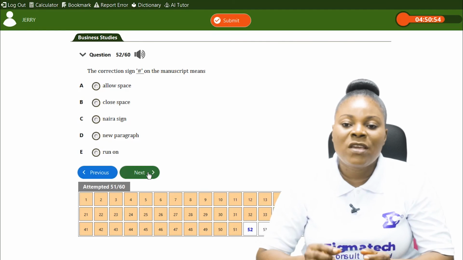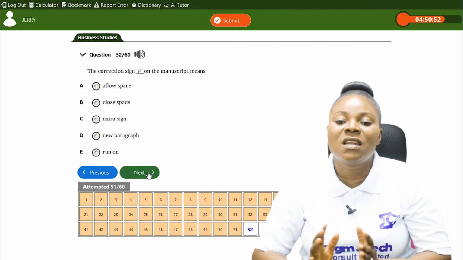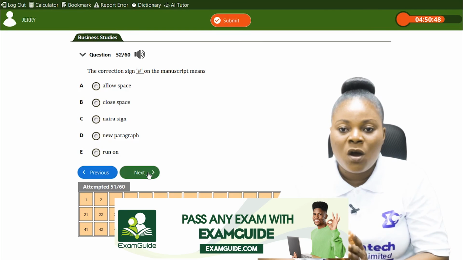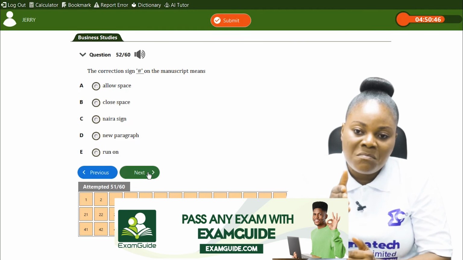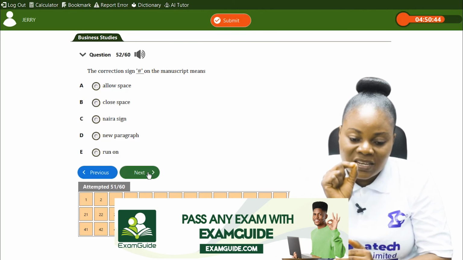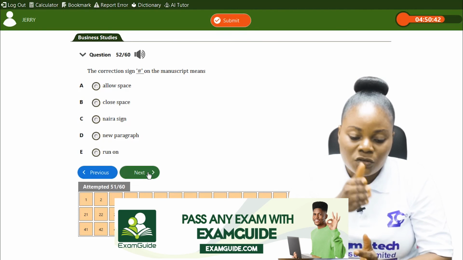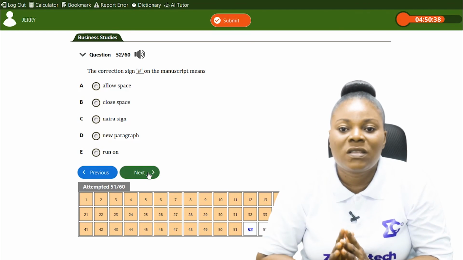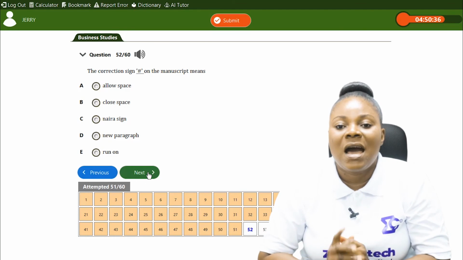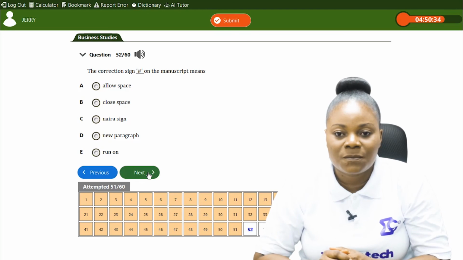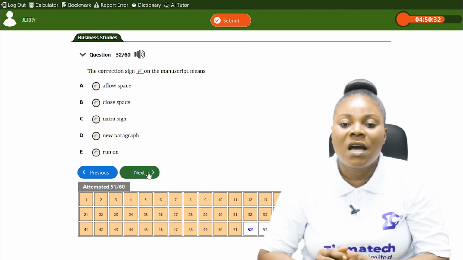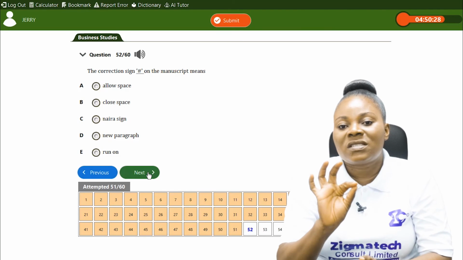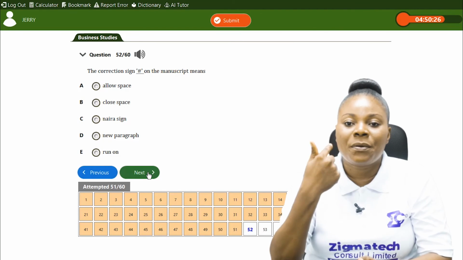If, for example, while you're writing your manuscript, you mistakenly put 2 words together and they are not meant to be together, on top, at the middle of the 2 lines, you just see the arc sign written on it, telling you create a space between these 2 words, separate it. So the answer is allow space. It is not close space. Close space is the one that looks like the shape of your lip.